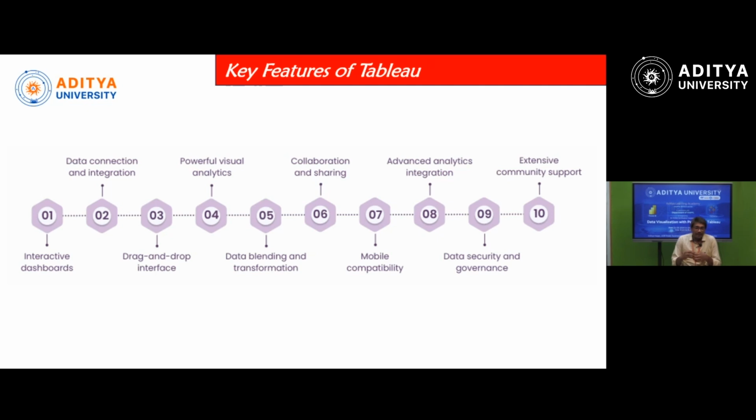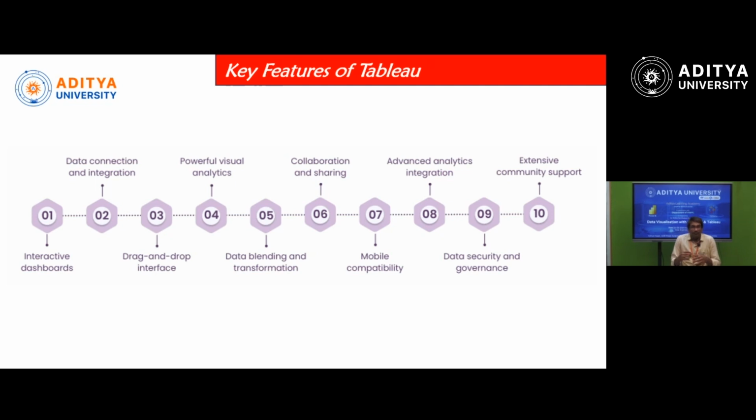Next comes data blending and transformation. Whatever data we receive from different data sources might not be the correct data or finalized data to be loaded into Tableau directly, and we cannot perform operations or analytics on it.